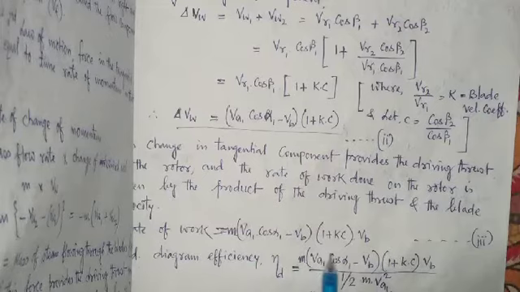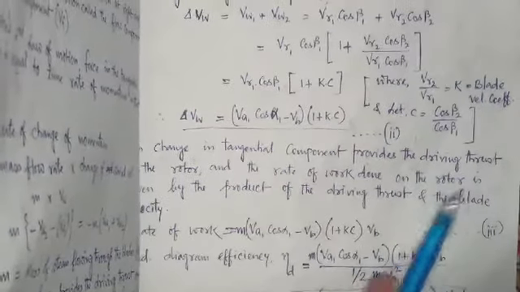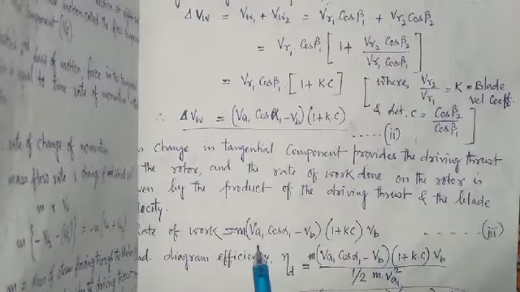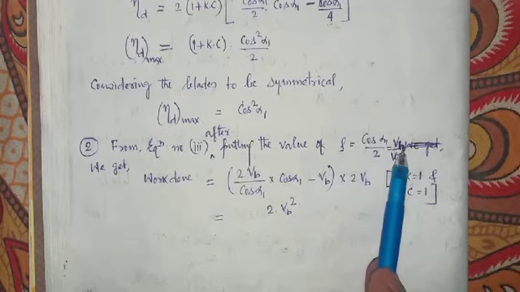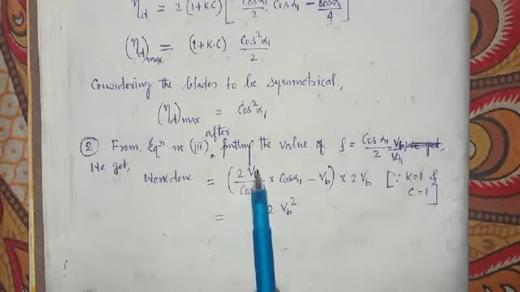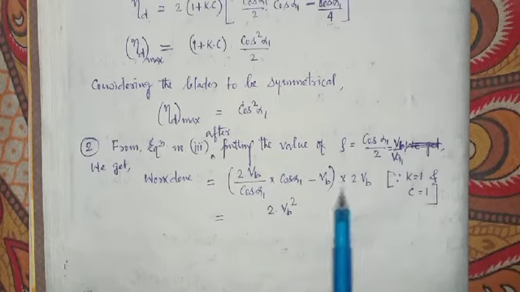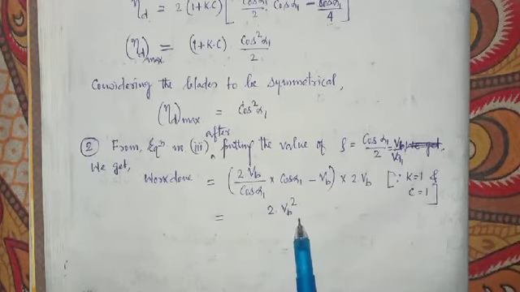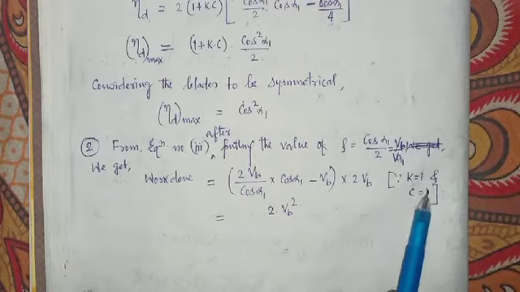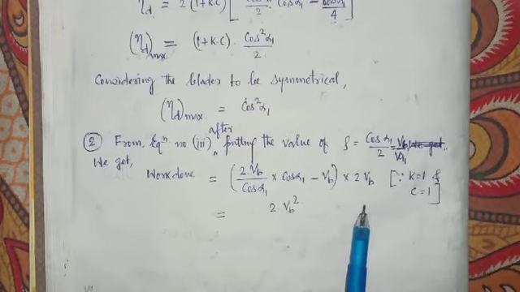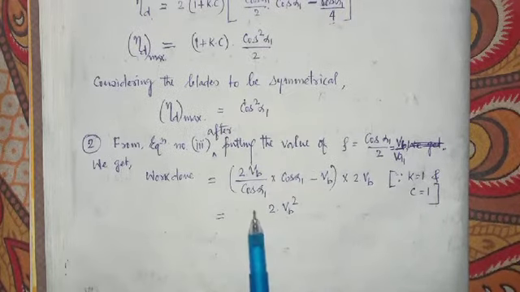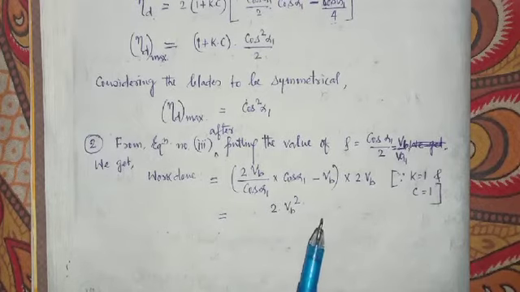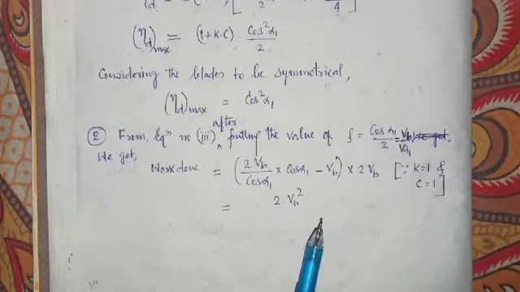We have to put the value of VA1. VA1 can be written as 2 into VB by cos alpha 1, into VB, so we will have 2 into VB square. Again we are keeping K and C equal to 1, meaning we have considered the blades to be symmetrical. So this is our case 2, and case 3, which I have not written.